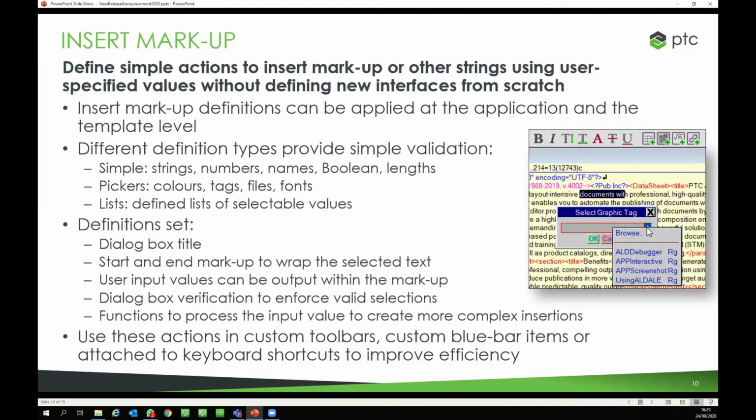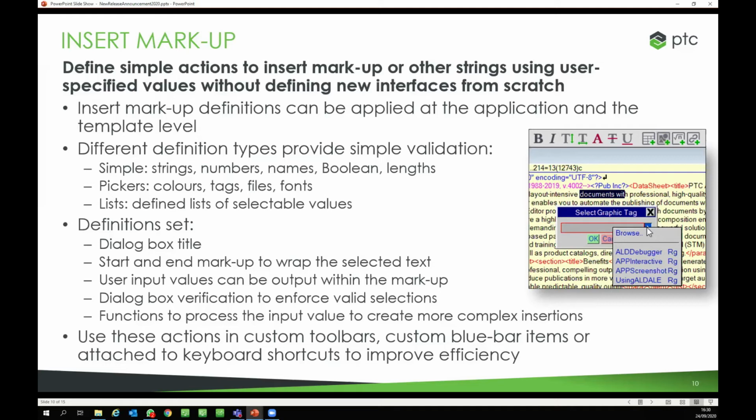Traditionally, in Layout Developer, you would have had to create a whole set of dialog boxes and a whole load of code behind the scenes to work with those dialog boxes to be able to insert this stuff. What we've done in this release is to automate a lot of that as much as possible. So you can now create, at either the application level or the template level, a set of insert markup definitions.